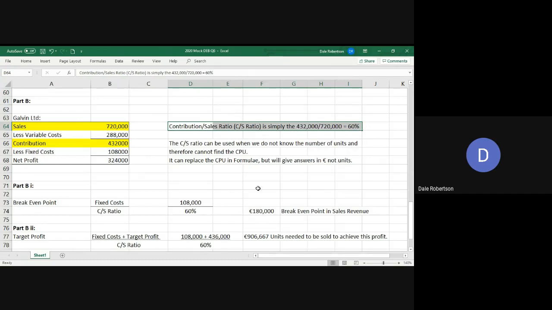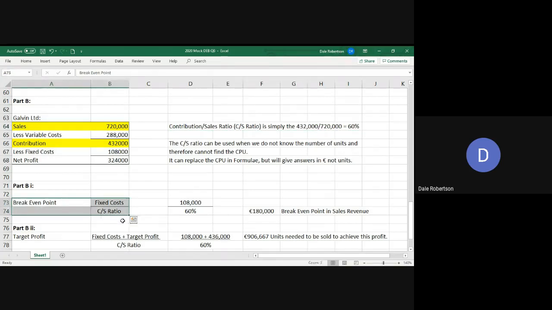question. So part 1 of the question says, using the contribution to sales ratio, calculate the company's break-even point in sales revenue. It's the same process, except instead of using the CPU, you use the CS ratio. So therefore it is fixed costs divided by the CS ratio, which is that 60%.